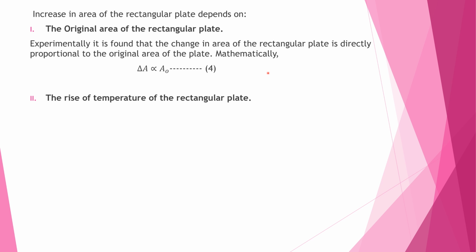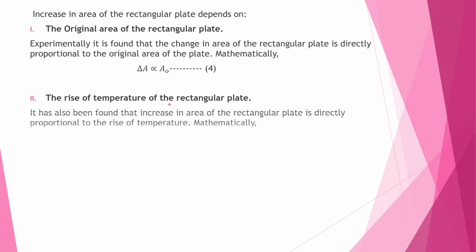I mark it as equation number 4. And the increase in area of a rectangular plate depends on the rise of temperature of the plate. It has also been found that the increase in area of a plate is directly proportional to the rise of temperature, or mathematically delta A is proportional to delta T. I mark it as equation 5.